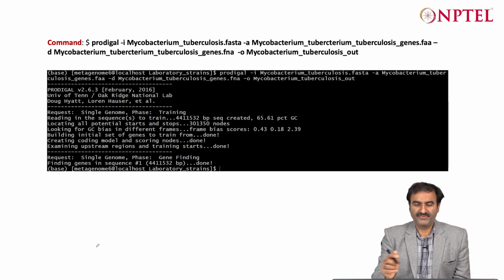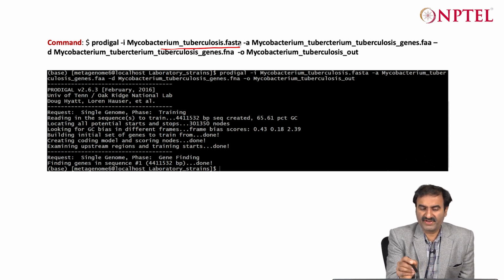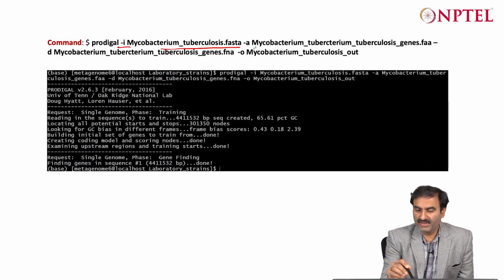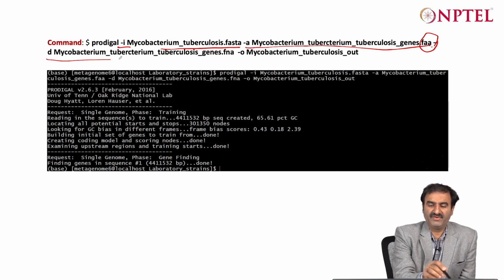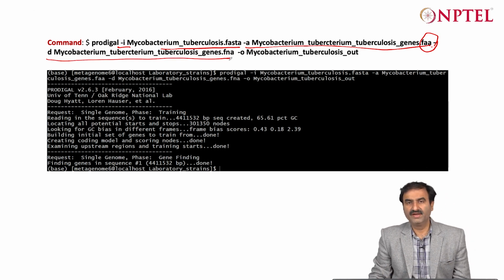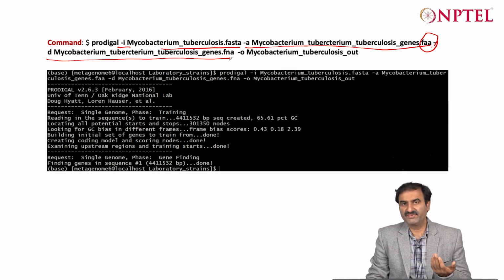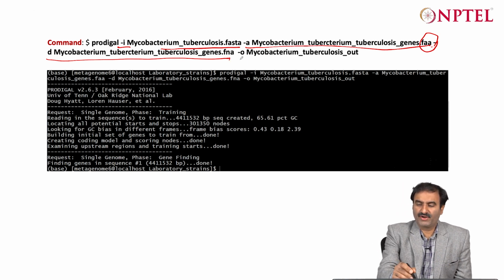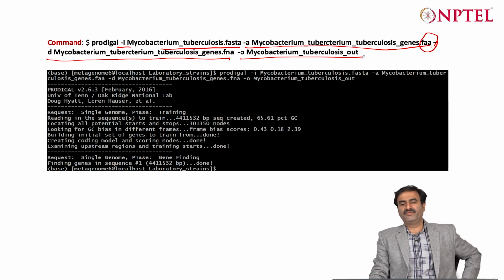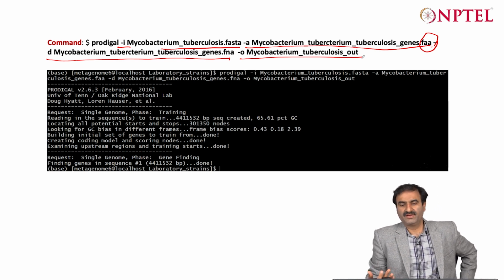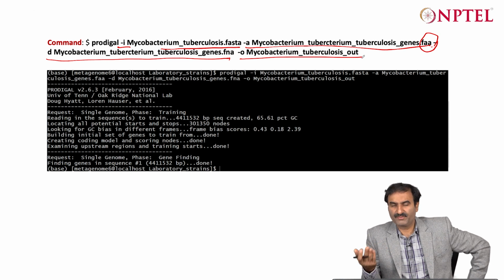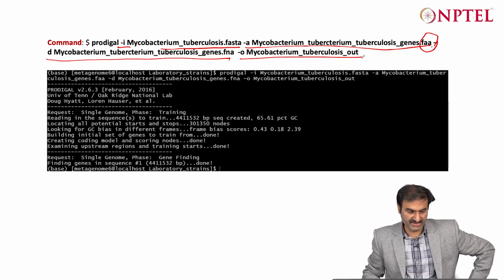Okay, so for a genome, say Mycobacterium tuberculosis fasta, that is your input for Prodigal. So you can specify one file which contains the amino acids, FAA, one file which gives the DNA, that is the gene sequence in nucleotide format, FNA, and one output directory, say Mycobacterium tuberculosis out, which contains your output files including the gene and protein sequences and other files that it found from the genome, okay.